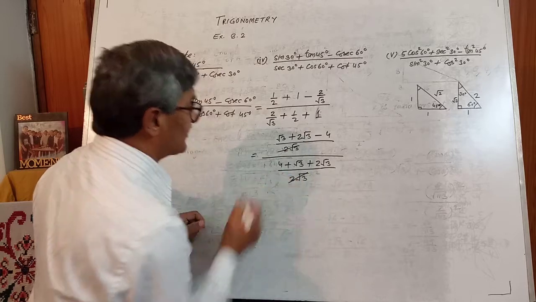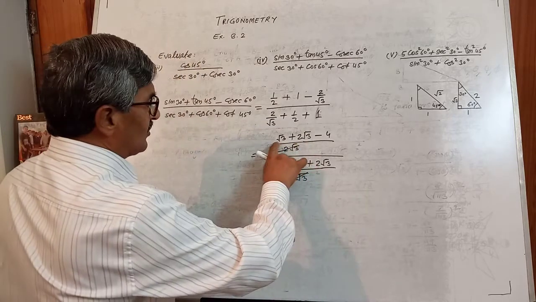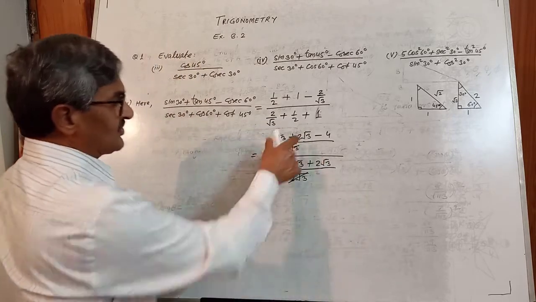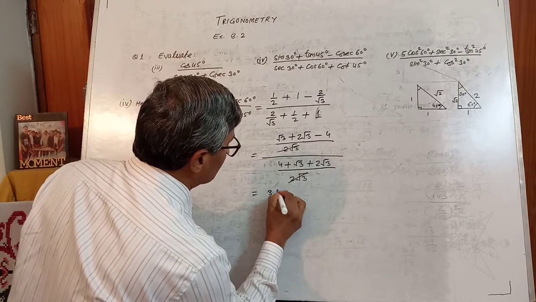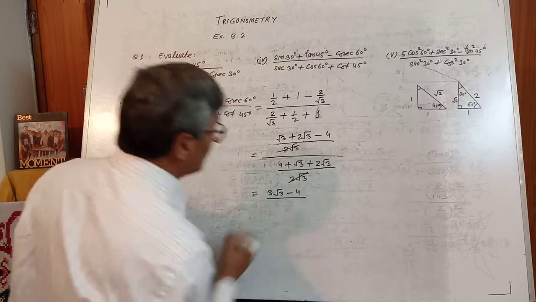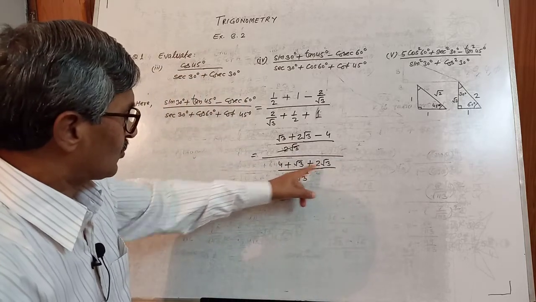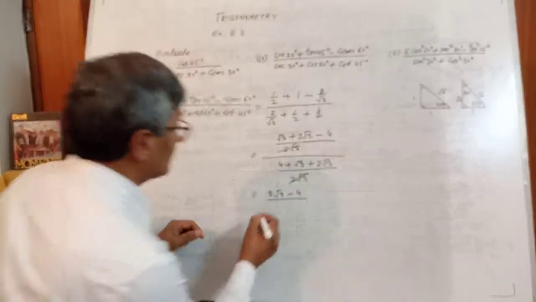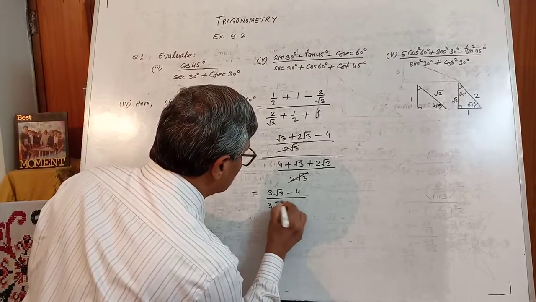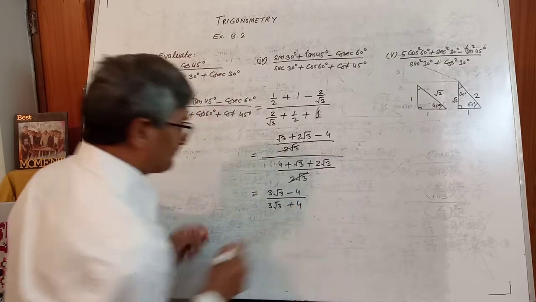Both the denominators will be cancelled. Here root 3 plus 2 root 3 will become 3 root 3. So 3 root 3 minus 4 divided by, here also 2 root 3 and 1 root 3 will be 3 root 3, 3 root 3 plus 4.